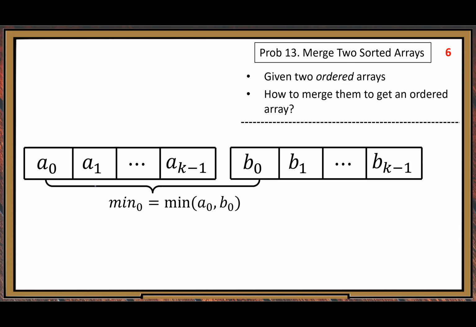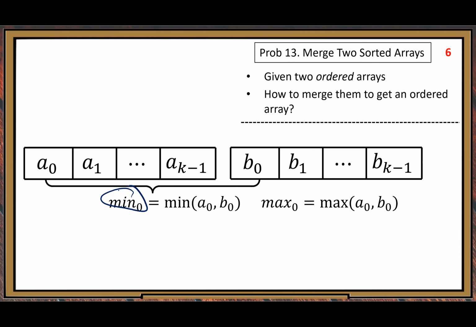Can we say that this minimum, min0, is the minimum of all data, counting the A subarray and the B subarray, the global minimum? Yes, we can say this min0 is the global minimum. If it is the global minimum, it must be the first element in the sorted array, right? Its position is the first one in the sorted array.